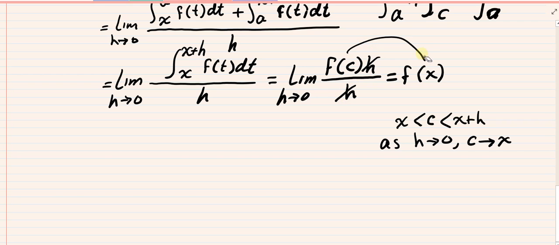So f at c approaches f at x as h approaches 0. We can change the limit if that is equivalent to c approaching x, like from the right side. True? And that's the justification for it, and that proved what we wanted to prove. We just found F prime of x.